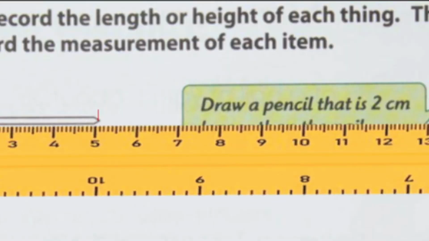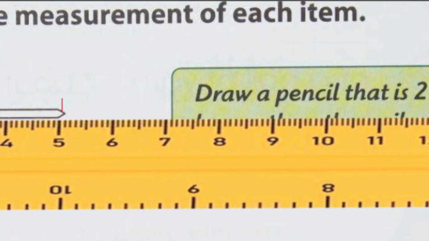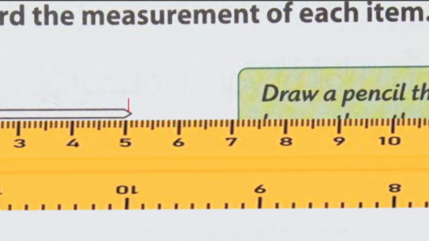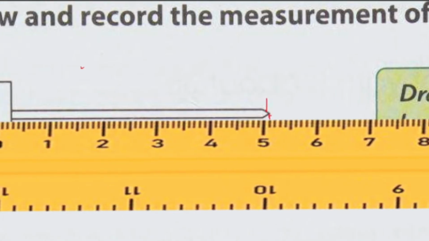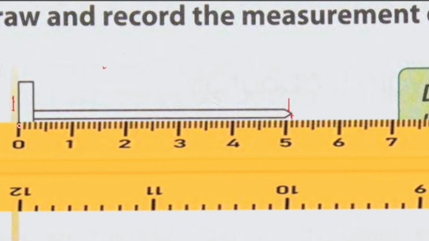Now you can observe the minor scale. So this is just at the 5.1 mark, right? And this is the zero.